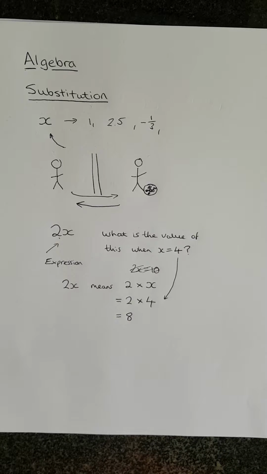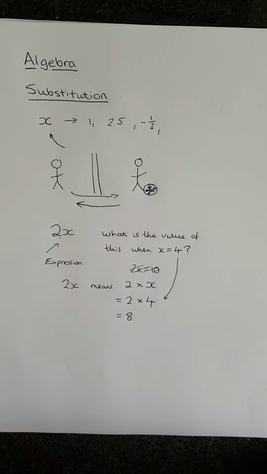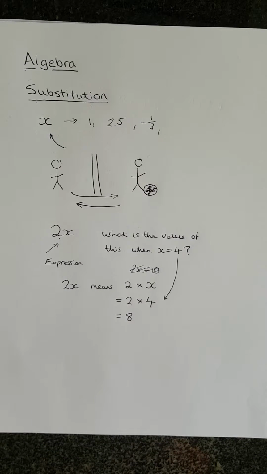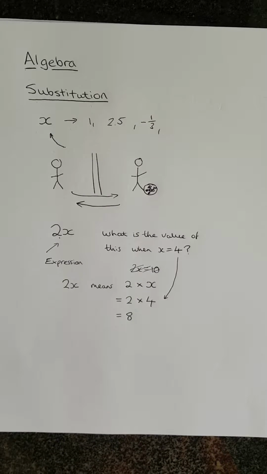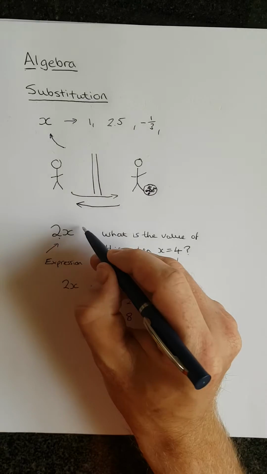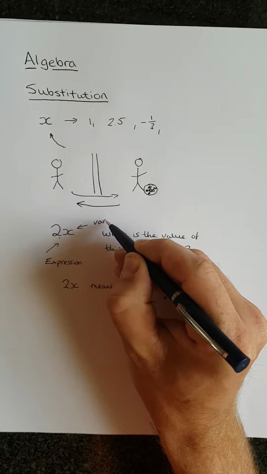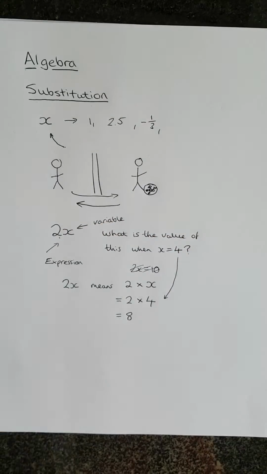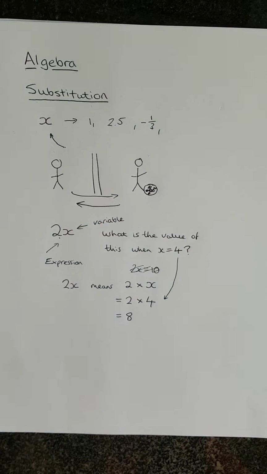Now 2x isn't always worth 8. It will vary or it will change depending on the value of x. So when we use the word variable earlier, it's because it can change.